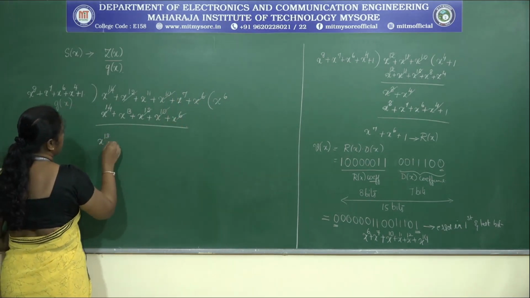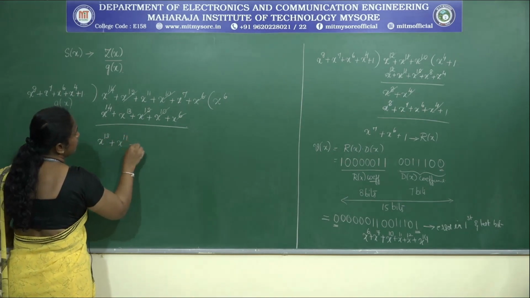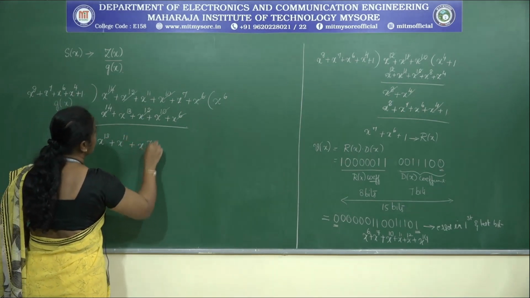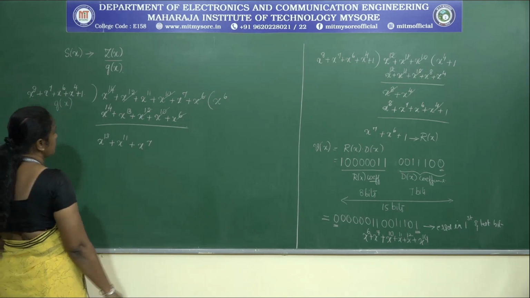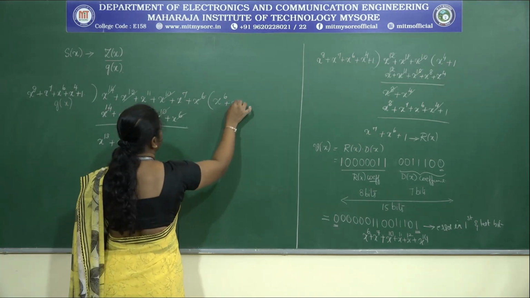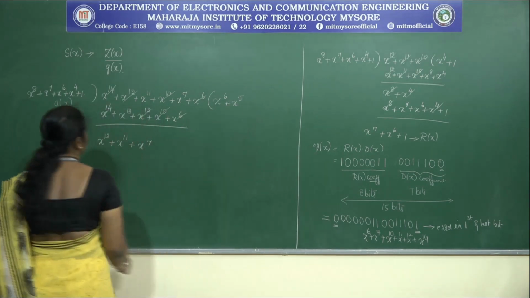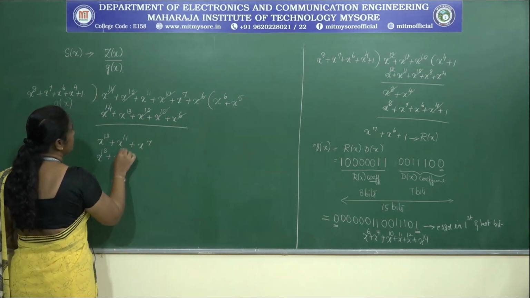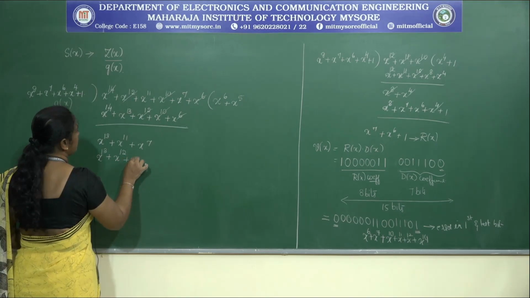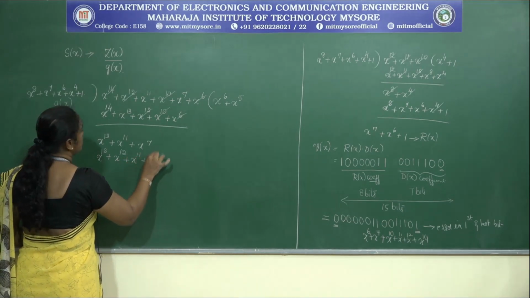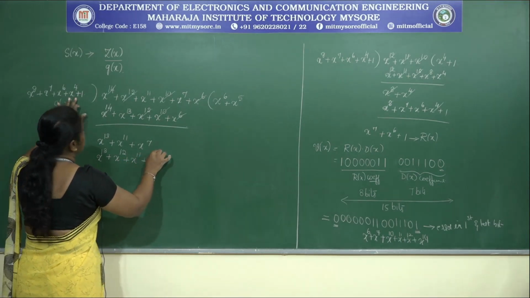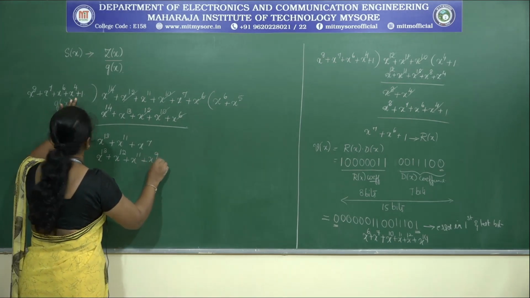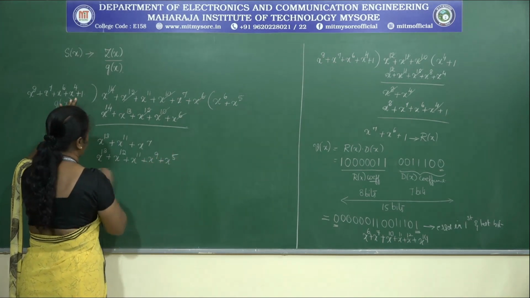So it is x power 13, 11 plus 7. So next is x to the power of 5, 13, 12, 11, so 9 plus x to the power of 5.